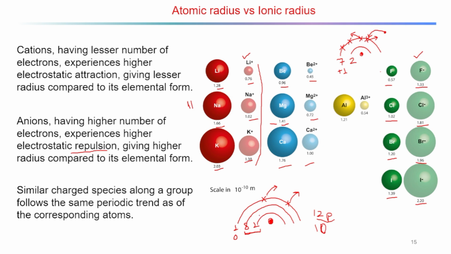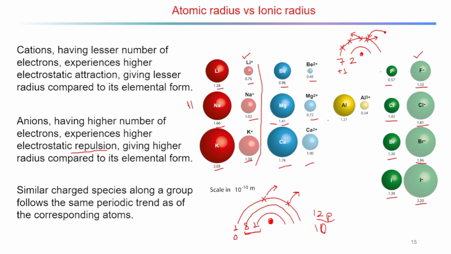Similarly, magnesium had 3 shells, but Mg2+ has only 2 shells. Or even if the shell number is the same, removing electrons will increase the electrostatic interaction. So the size of the cation is always smaller than the elemental form.